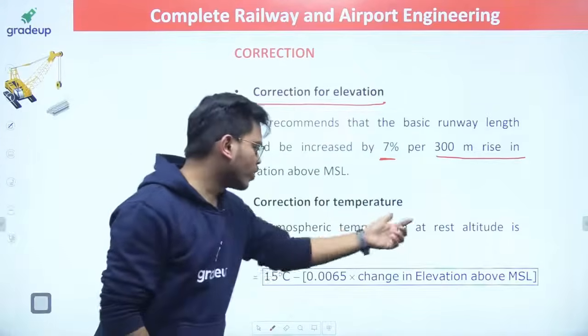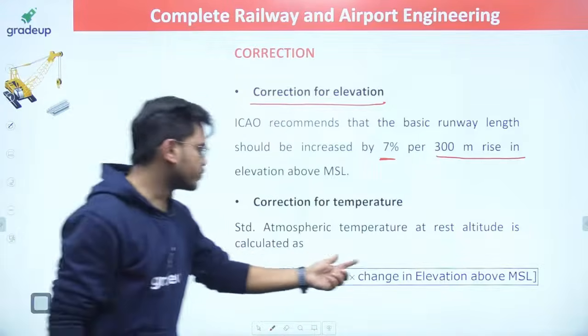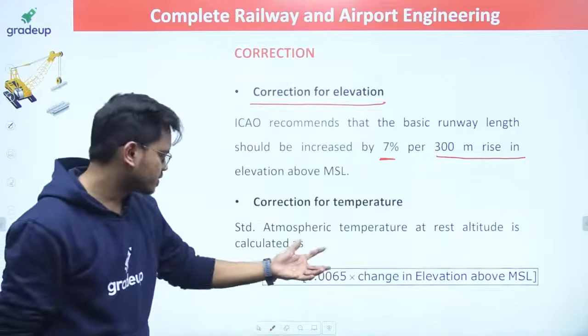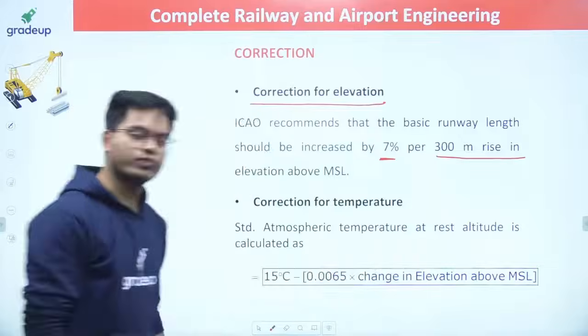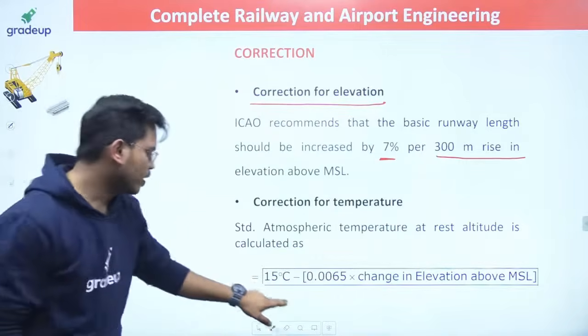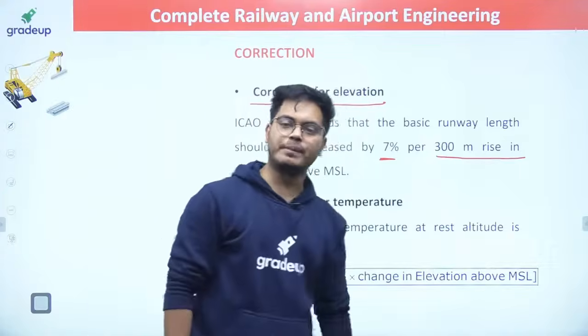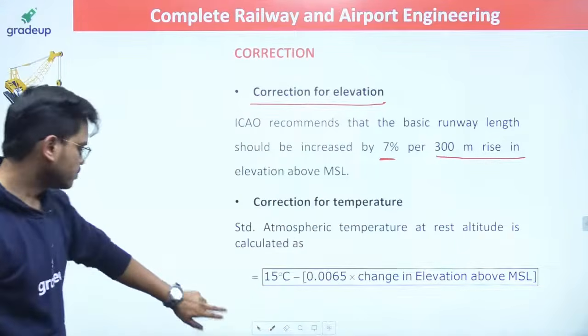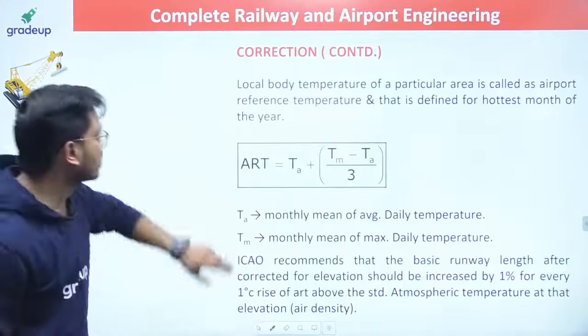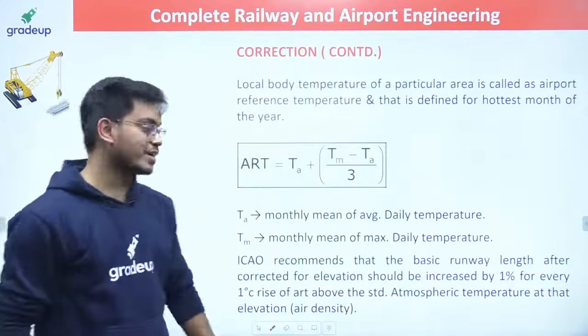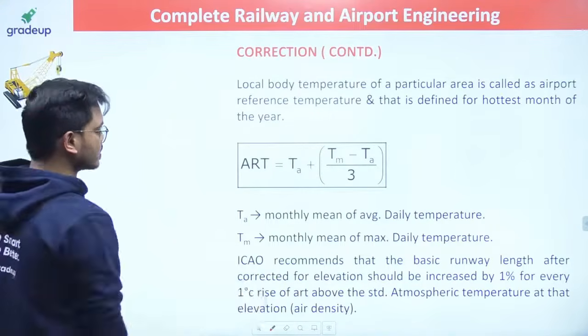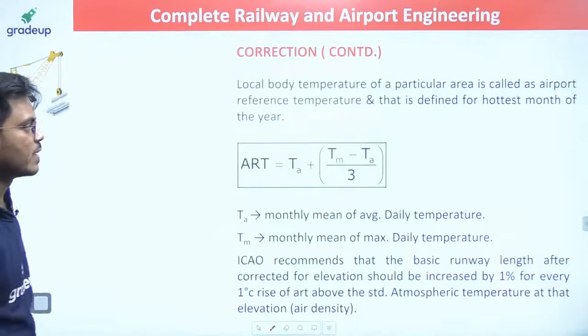Next, correction for temperature. For the standard atmospheric condition, we have to find out the temperature first with the help of this formula: 15 degrees Celsius minus 0.065 times the change in elevation above mean sea level. Then we have to find out this ART. Can you please tell me what is ART?